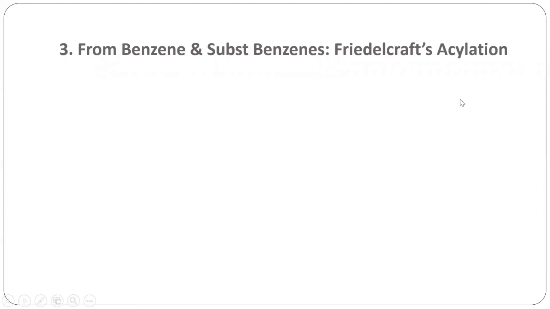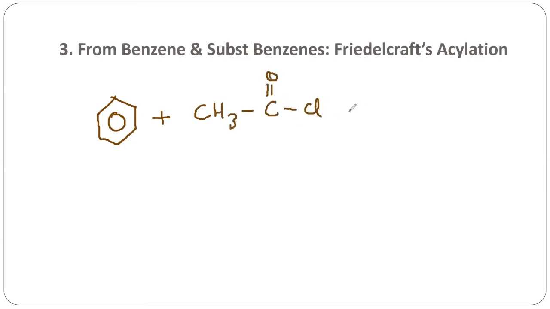Ketones can also be prepared through Friedel-Crafts acylation. We have learned this many times. In Friedel-Crafts acylation, you take a benzene ring and treat it with an acyl halide, so CH3C double bond OCl, for example. The catalyst is anhydrous aluminum chloride. Electrophilic substitution will happen.